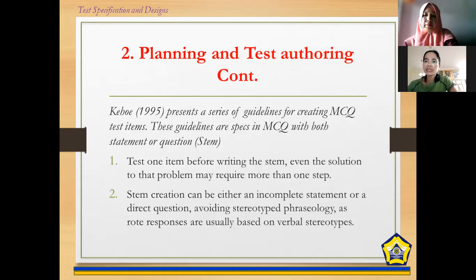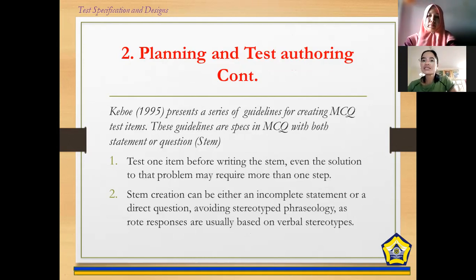Planning and testing also continue. Therefore, 1995 presents a series of guidelines for creating MCQ test items. These guidelines are steps in MCQ, starting with the first statement or question, which we call the stem.